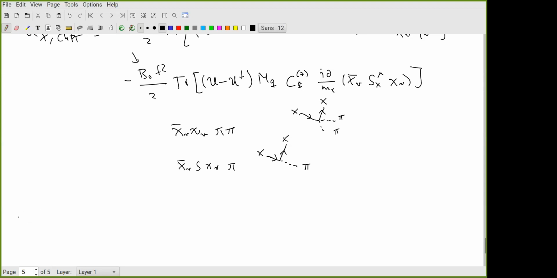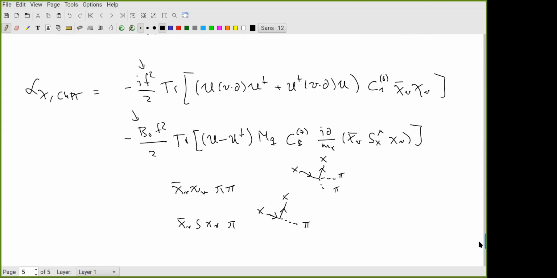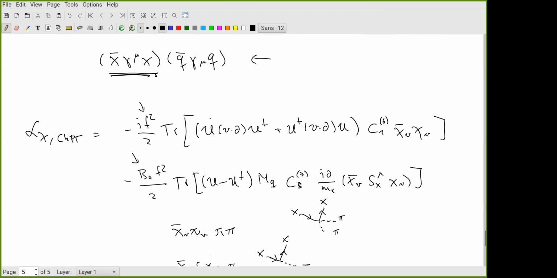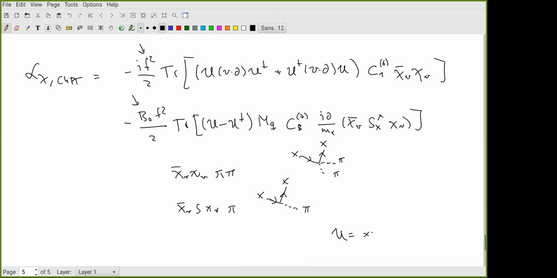Can I ask a quick question about that last bit with the pions? It's not clear to me why we require coupling to two pions. Yeah, I think the best way to see this is to take this term and expand everything. Remember this U matrix is essentially the exponential of this pion matrix, so it goes like 1 plus pi plus terms quadratic in the pion matrix, up to factors.